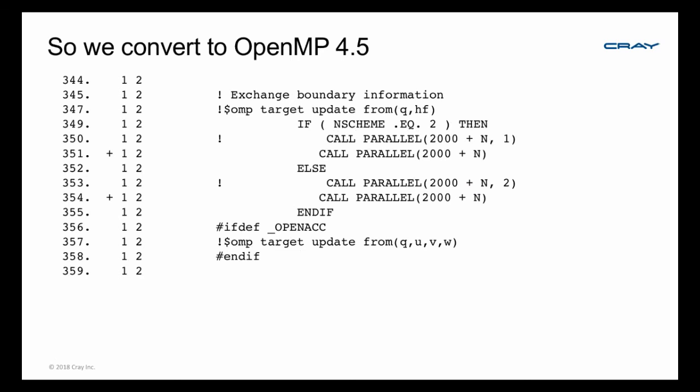Now, when we get down to the boundary exchange, we do this target update from the device. And that bottom one should be 2. That's a mistake. I wonder why I got the right answer. But anyway, that bottom one should be target update to the device instead of from. But I ran it and it worked.